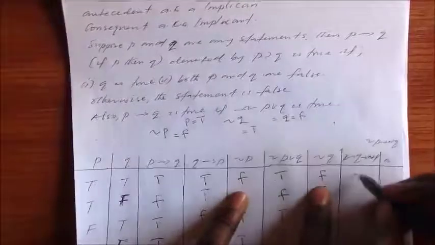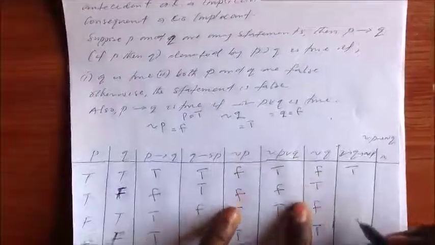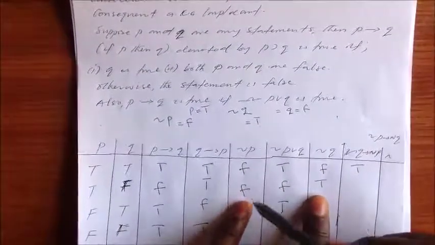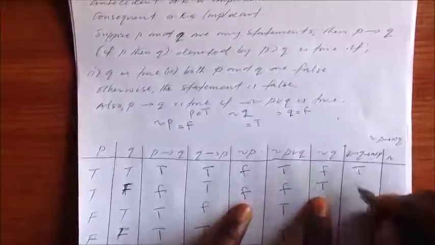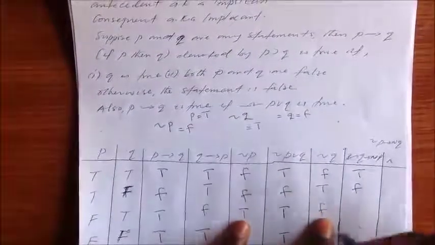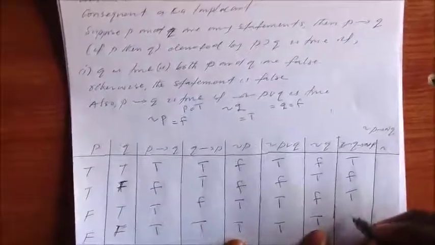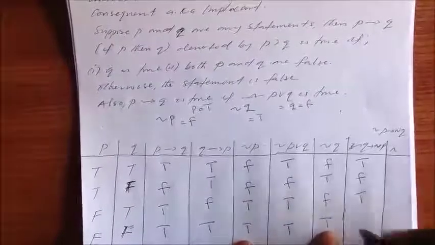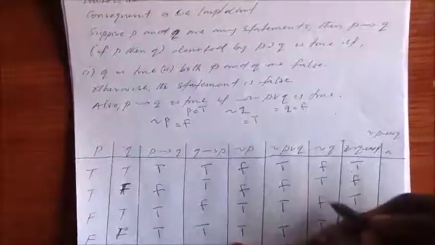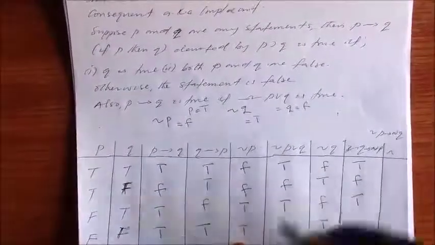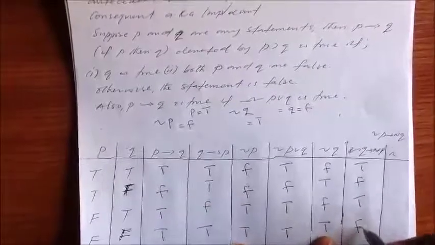Then this and this are false. Then P, is it false? It is false. This one is true. Is it true or false? We say it is true if and only if both are false, or the latter is true. Here one is true. Therefore, it's false.